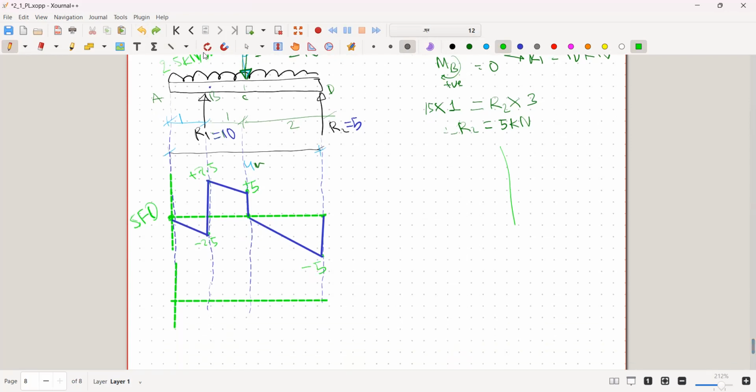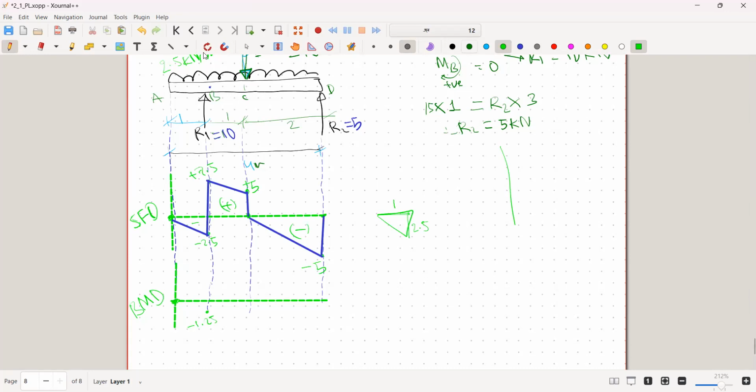From the shear force diagram, this is negative, this is positive, and this is again negative. So if we calculate the area bound by the shear force, this area is found to be the smaller triangle. 2.5 is the height and the base is 1. So half into 1 into 2.5 comes out to be negative 1.25.